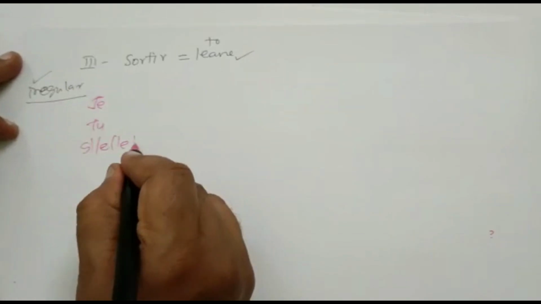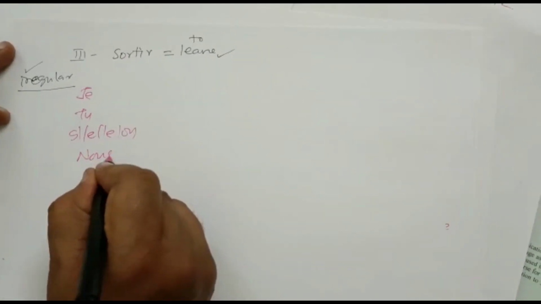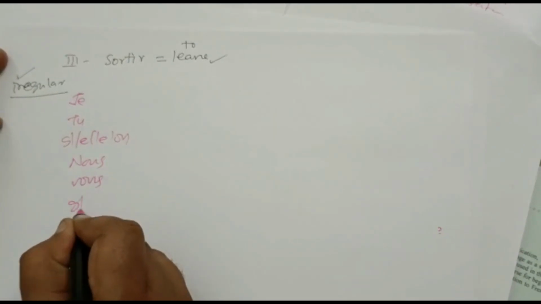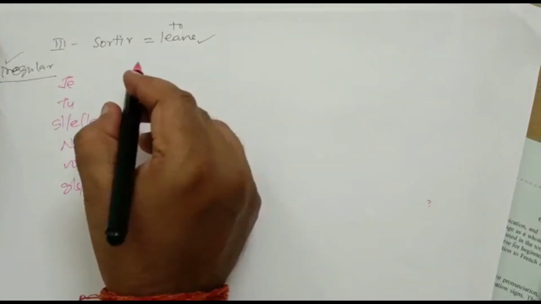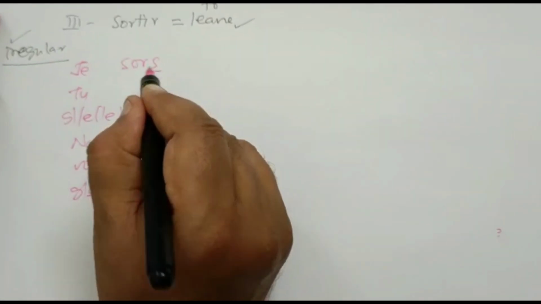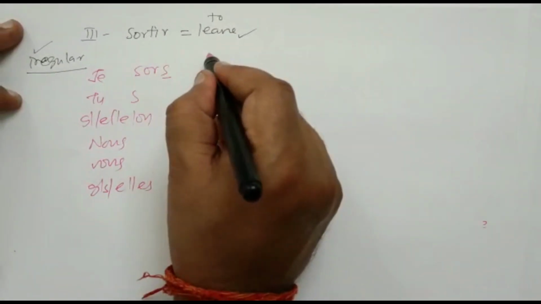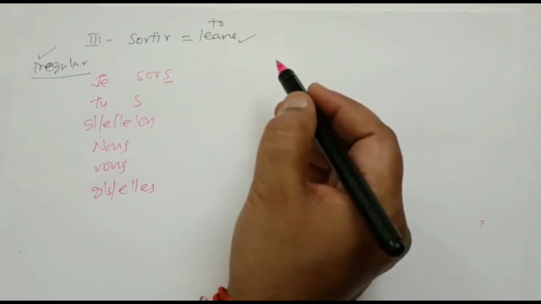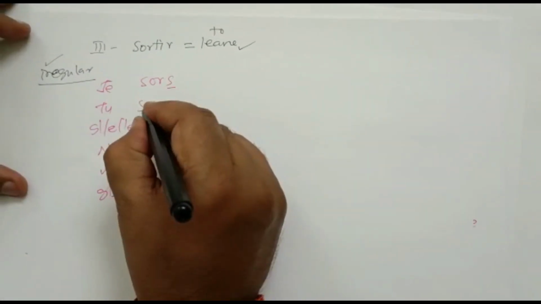Je, tu, il, elle, nous, vous, ils, elles. So this is what the verb is. Here we are going to write just sors, will be added as tu sors, because t would not be considered, because t is the hard sound.